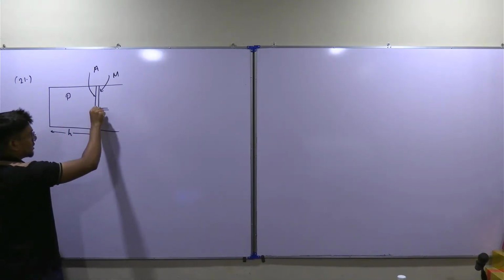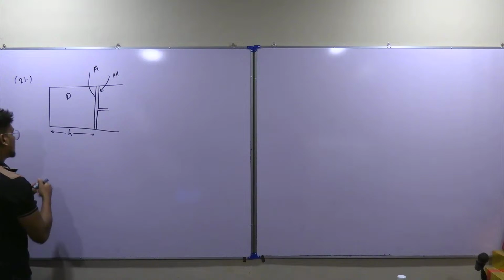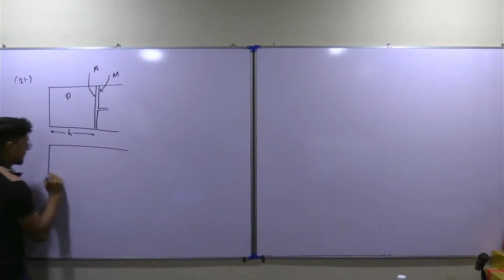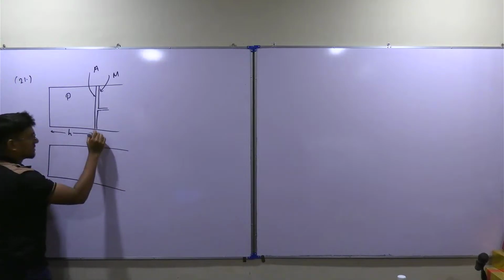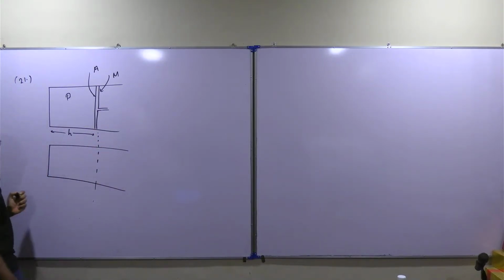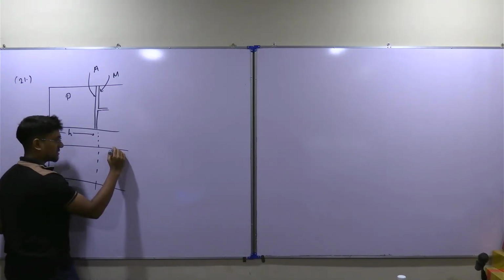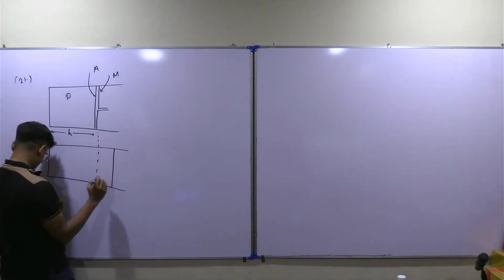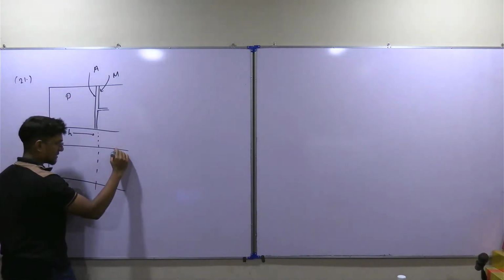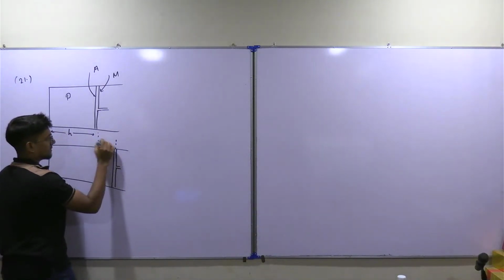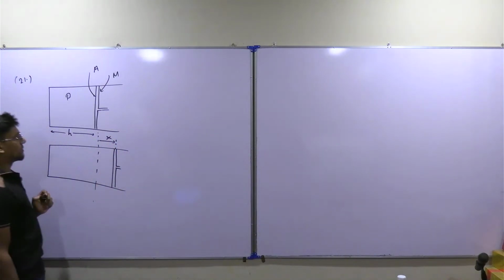Let's say you displace this piston a distance x. Now this is the initial position. You are going to displace this piston a distance x from the equilibrium position.